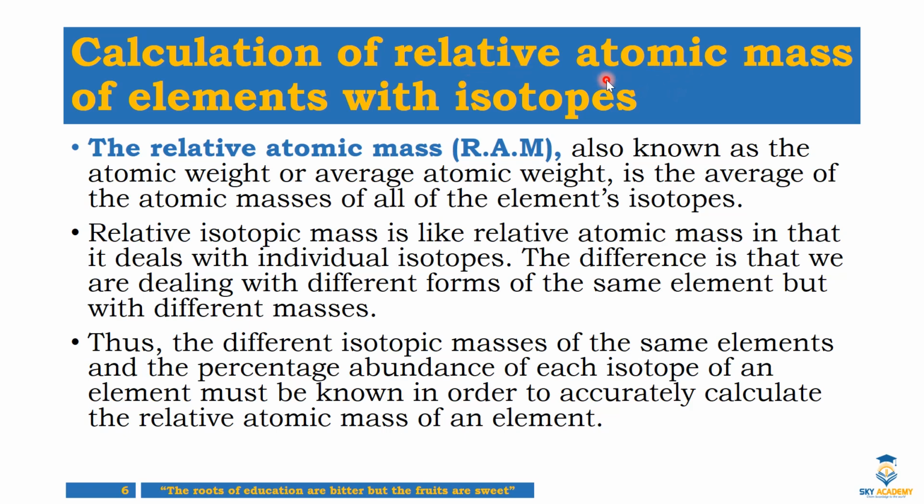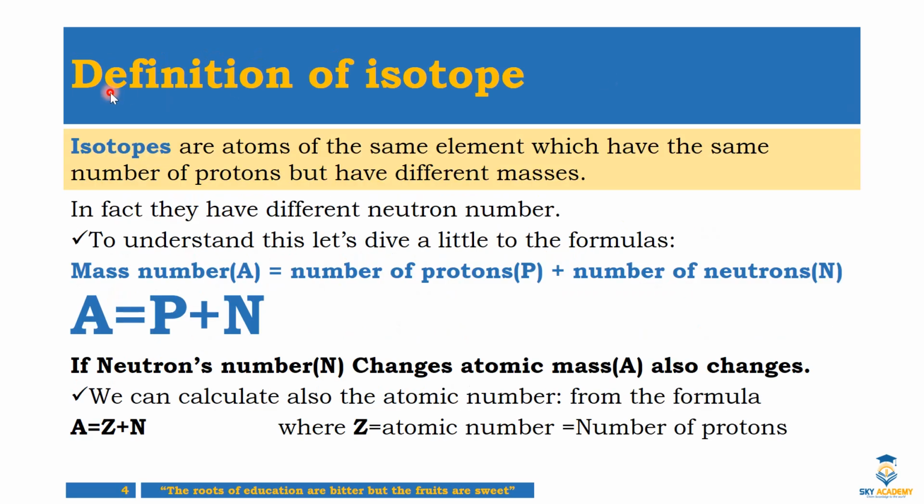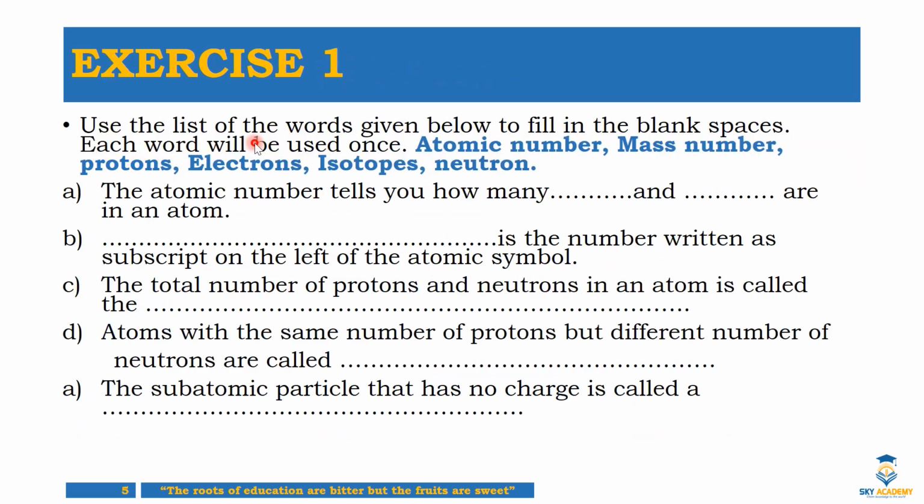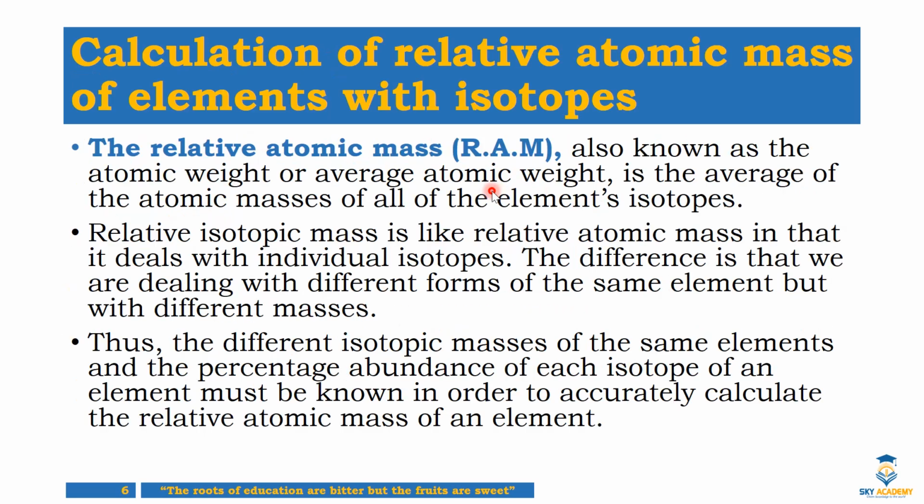As we have seen, if we say the isotopes are atoms, those atoms have different masses, so you need to make an average in order to have a common mass. That is relative atomic mass.